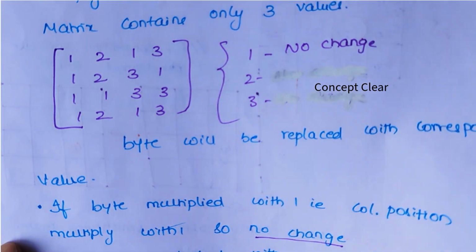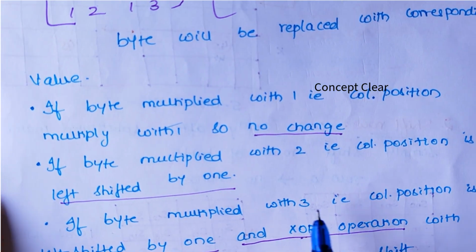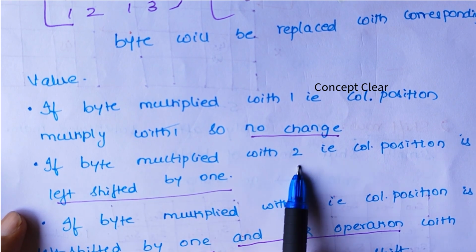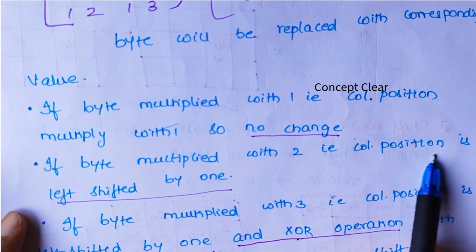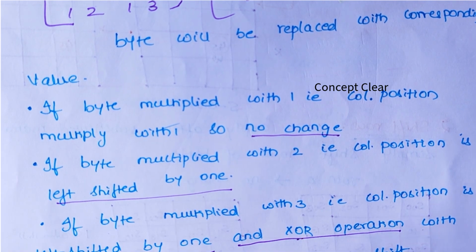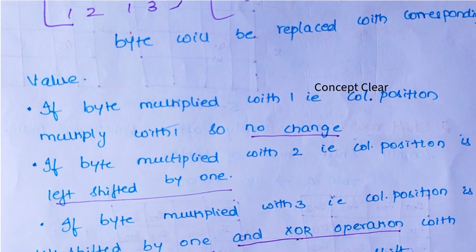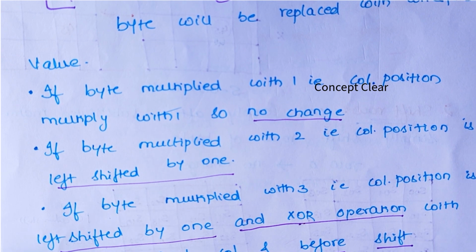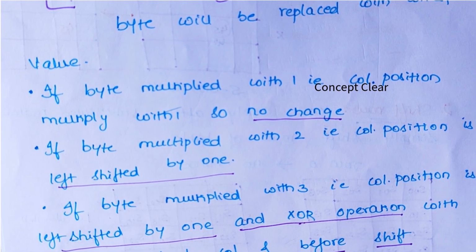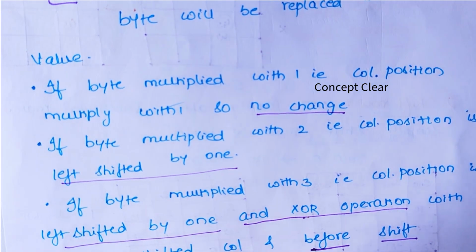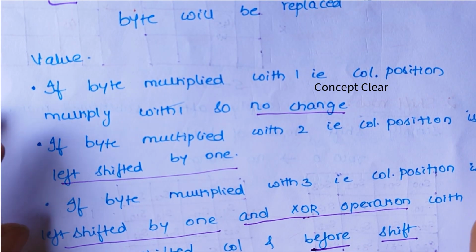And if multiplied with 3, the column position will be shifted left by 1 and an XOR operation is performed between the left-shifted column and the column before the shift.